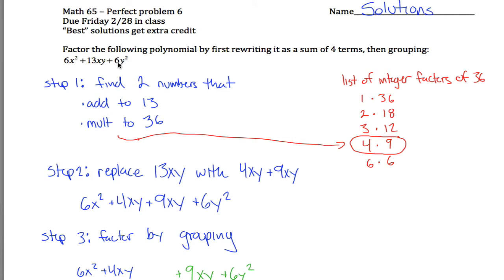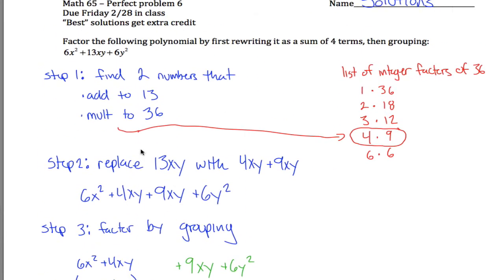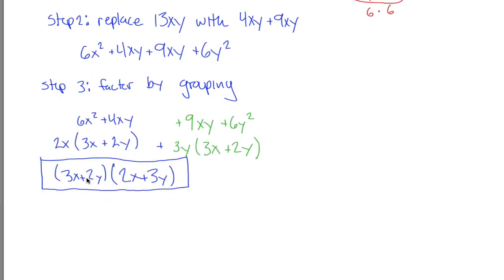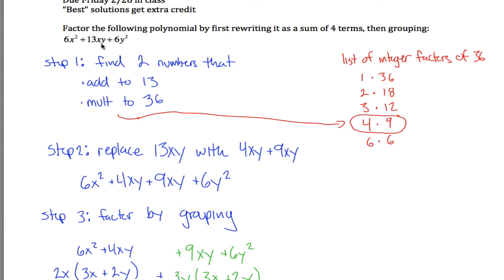And then the numbers that I write here and here also have to multiply to 6 so that they make this 6y squared. So again, either 3 and 2 or 2 and 3 or 1 and 6 or 6 and 1 or maybe they're negative. And then you start putting those down and guessing and checking. The check being when you multiply these all out, you have to make sure you get 13xy.